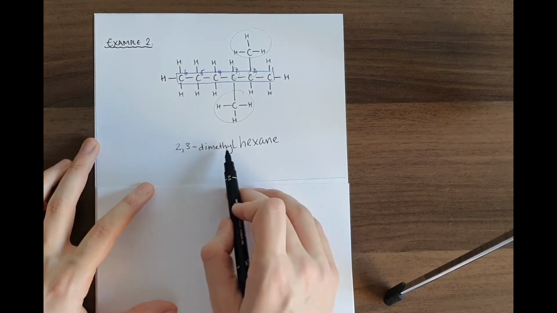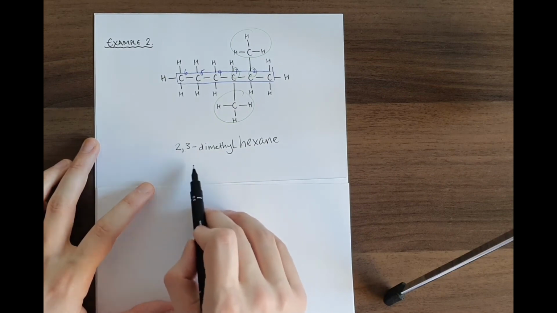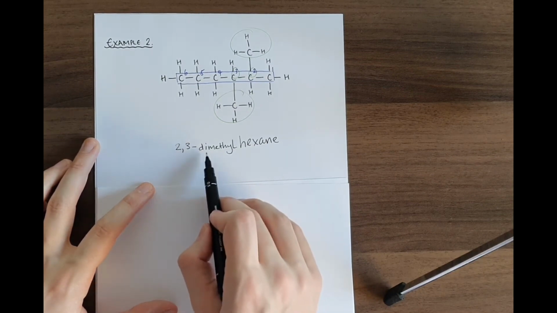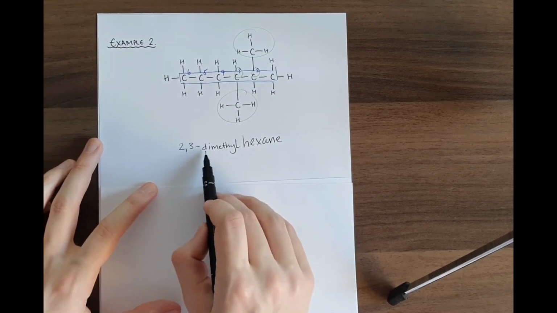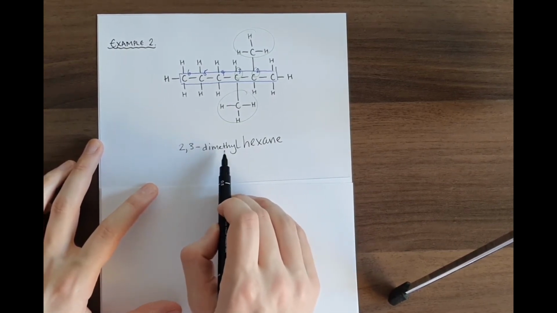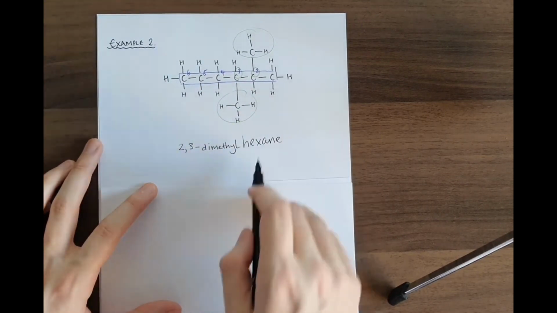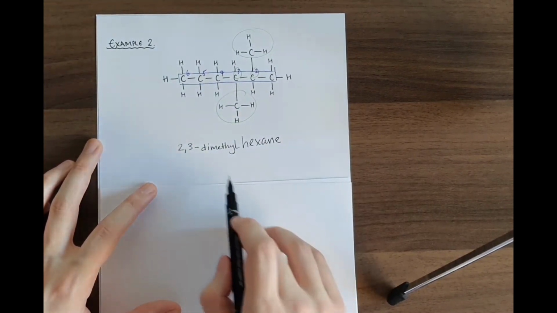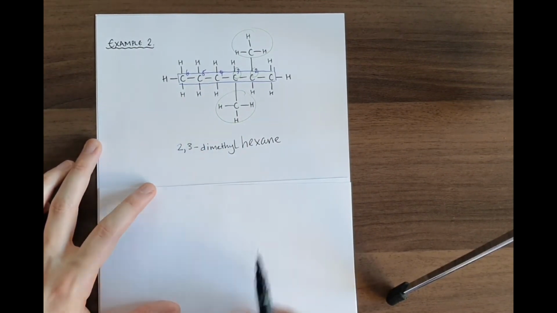If there were 3, I would list 3 numbers of carbons that those branches were contained on, and I would say trimethyl. The idea of this prefix is just to indicate how many of the same type of branch are found on the hydrocarbon. So overall, the systematic name for this hydrocarbon is 2,3-dimethylhexane. Let's look at another one.